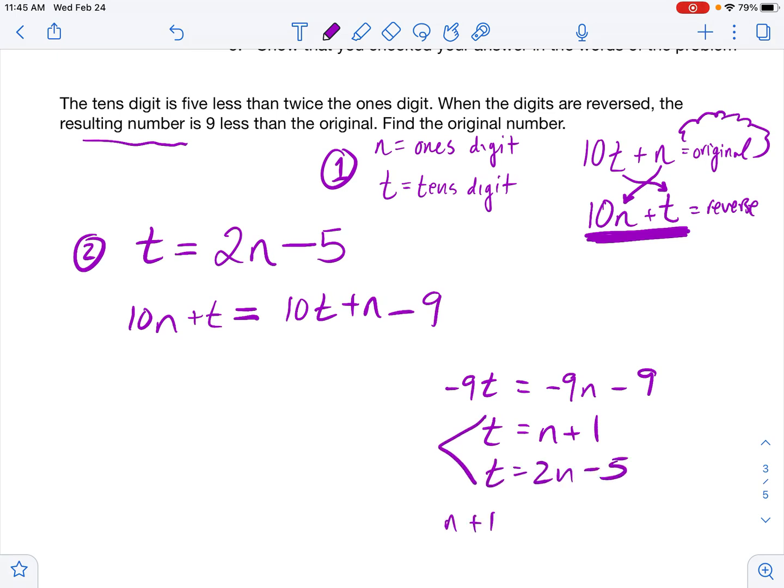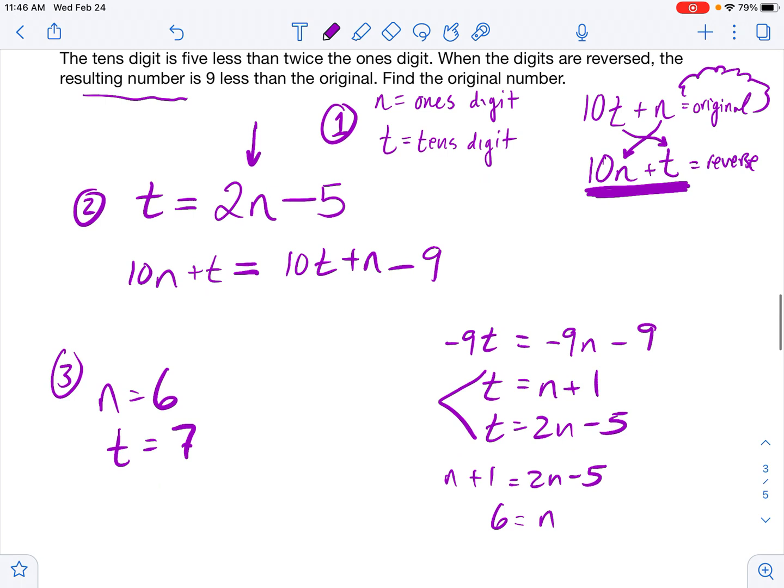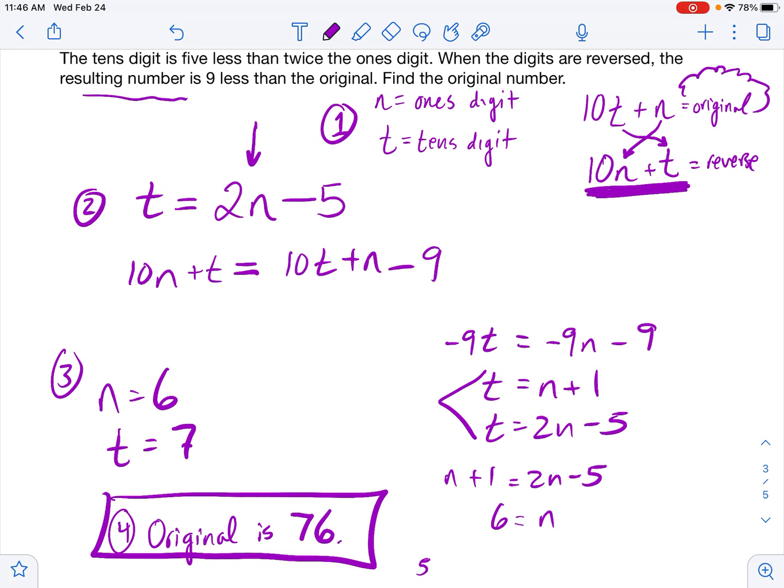And now I'm going to substitute. So n is going to be 6, and t is going to be double that, minus 5, so that's going to be 7. Okay, so now I have solved my equation. Now I need to answer in a mini sentence. So original is 76. That's my answer.